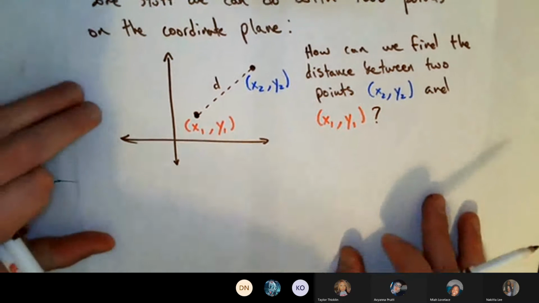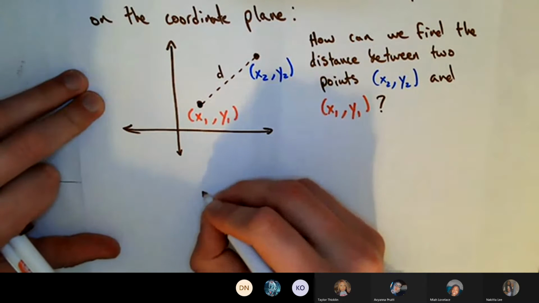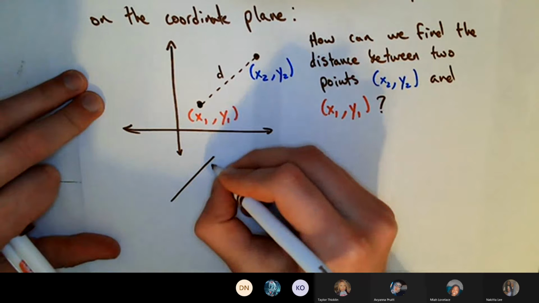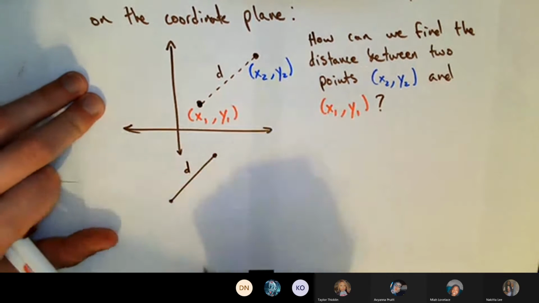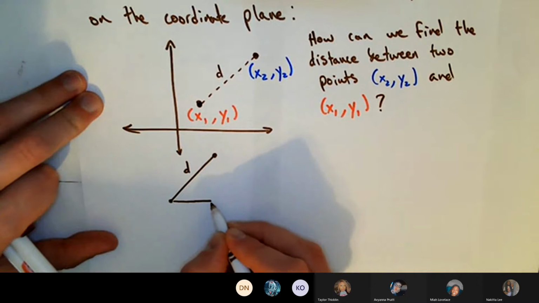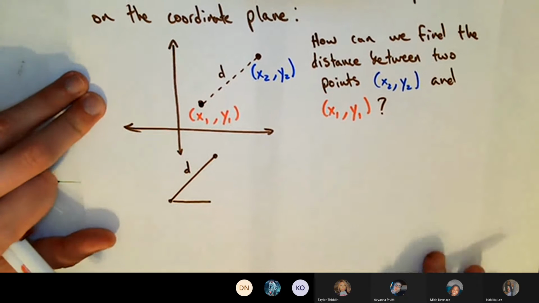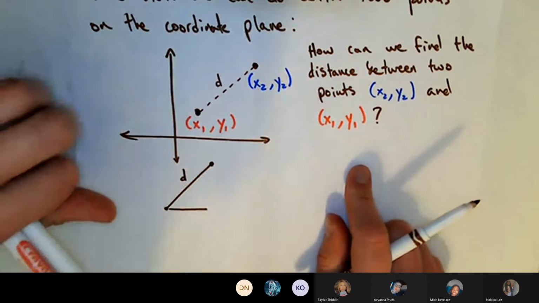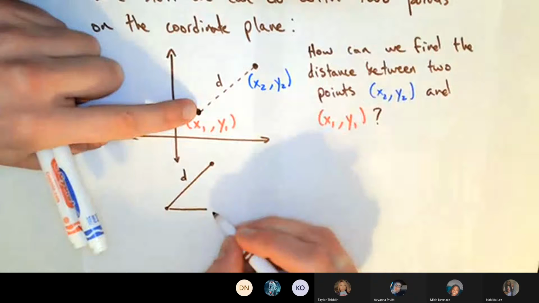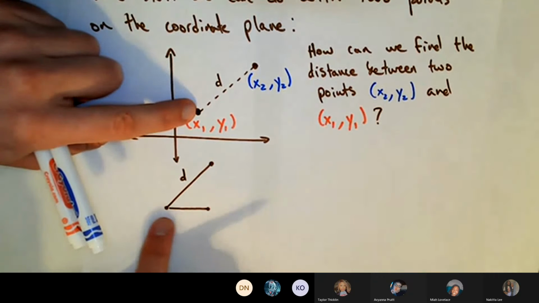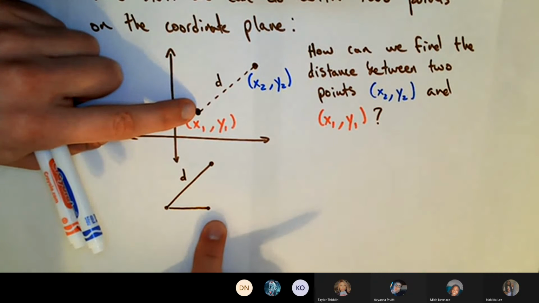Well, I can consider a right triangle with this distance D, some distance here. Now, given these points, what would the length of this segment be here?